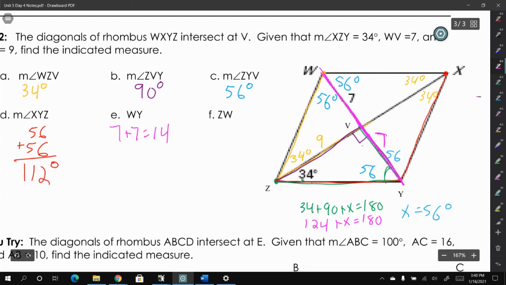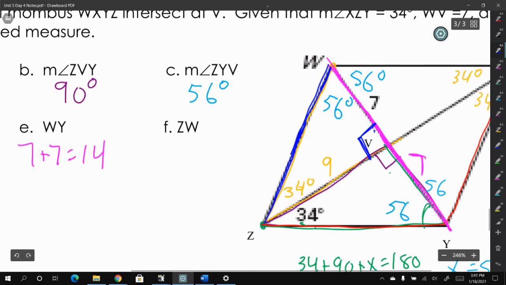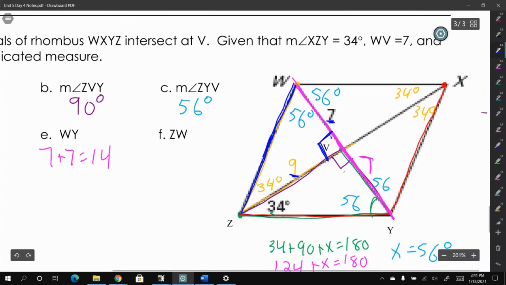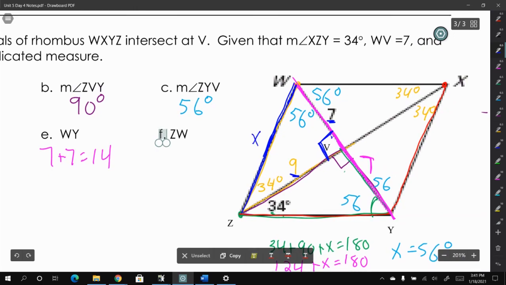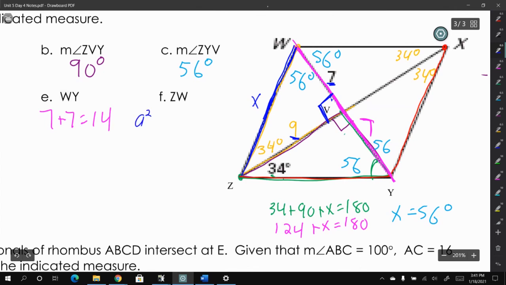Okay. And then the last one we're trying to find is ZW. Well, ZW is right here. Oh, we don't know anything about that. Well, we can calculate it because we know that this is a right angle. And that gives us a right triangle where one side is 7 and one side is 9 and the other side is x, what we're trying to figure out. So we can use the Pythagorean theorem. A squared plus b squared equals c squared.